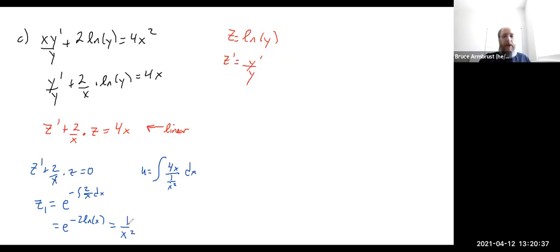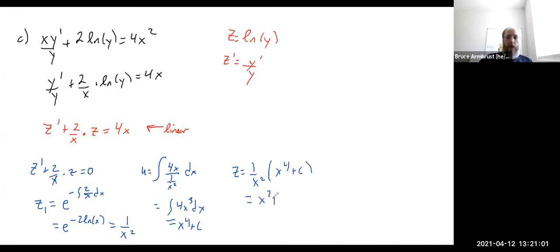And then we divide by the 1 over x squared that we just found. So that's the integral of 4x cubed, which is x to the 4th plus c. And then we multiply that by the z1. So we get z is equal to 1 over x squared times x to the 4th plus c, or x squared plus c over x squared.